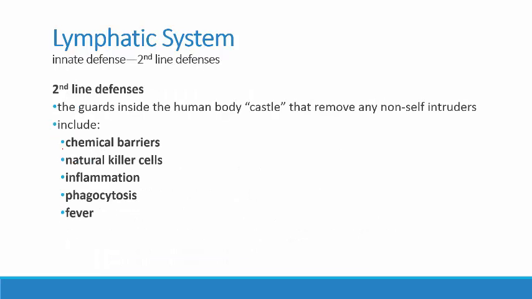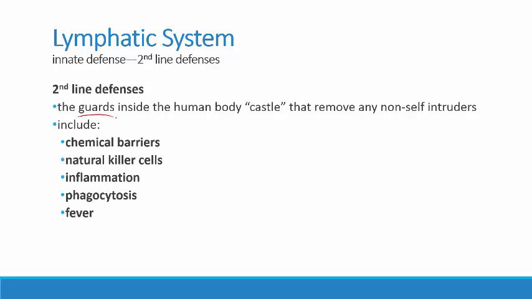So let's say something gets into the body, then the second line defenses come into play. Again, if the human body is a castle, these would be the guards inside the castle that will notice, hey, you don't look like you belong, let's take you out.